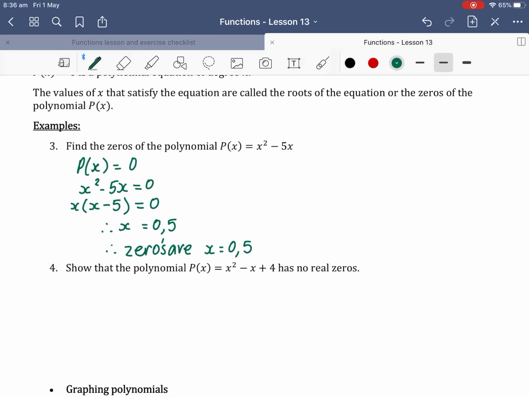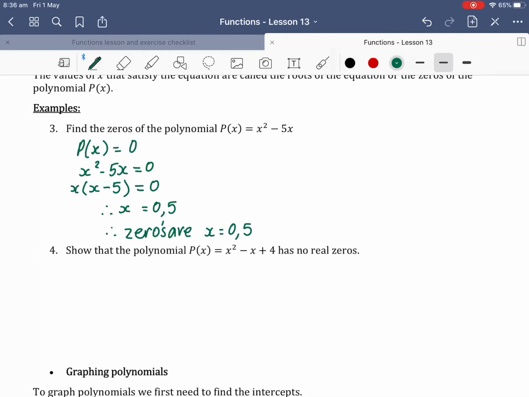Okay, so then for example 4, we want to show that the polynomial P(x) equals x squared minus x plus 4 has no real zeros. So we want to solve P(x) equals 0. So we'll have x squared minus x plus 4 equals 0.